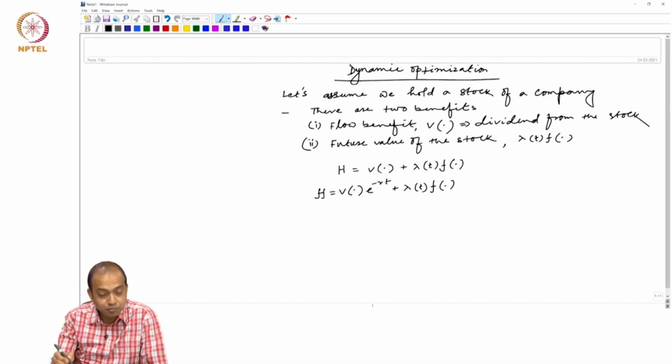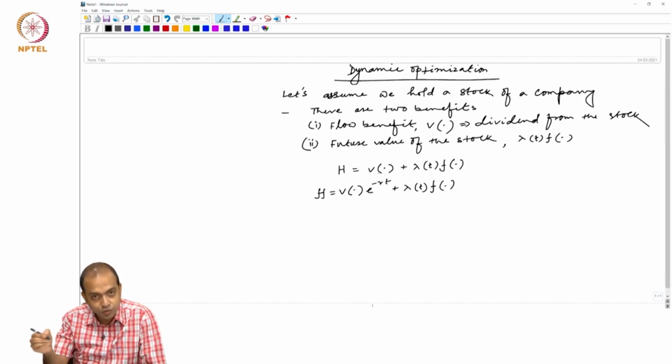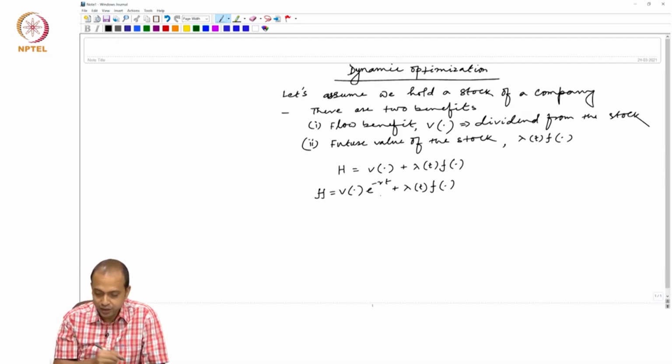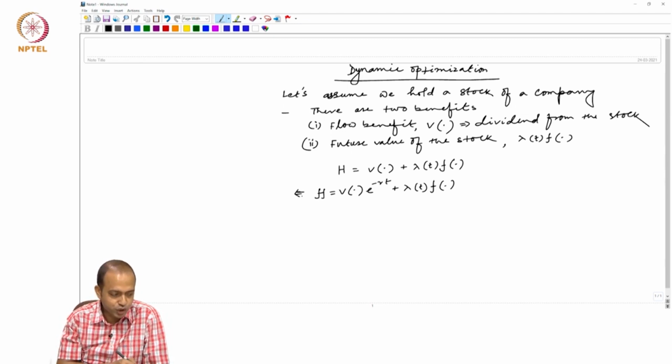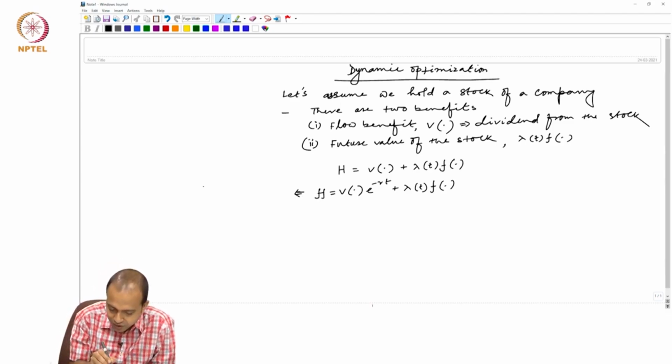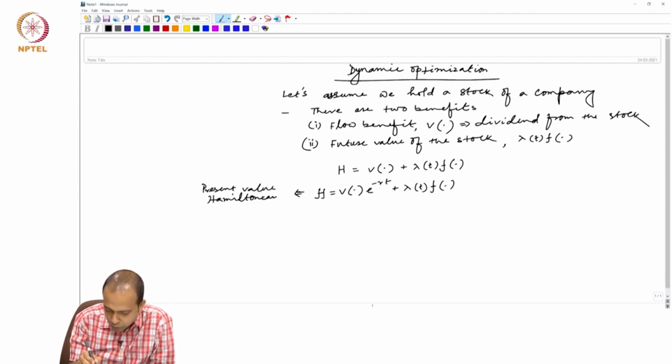I have simply converted the stream or flow benefit at one point of time by discounting that, and if we do so, then this h function is known as the Hamiltonian function, and that is called the present value Hamiltonian.